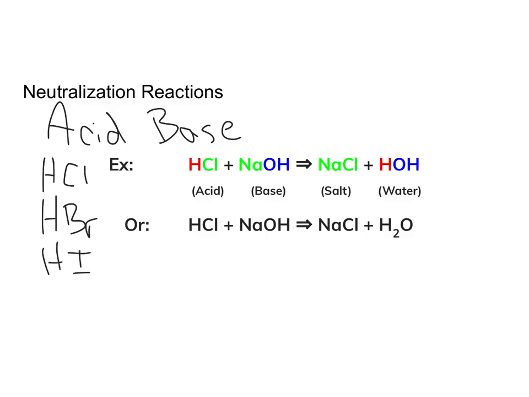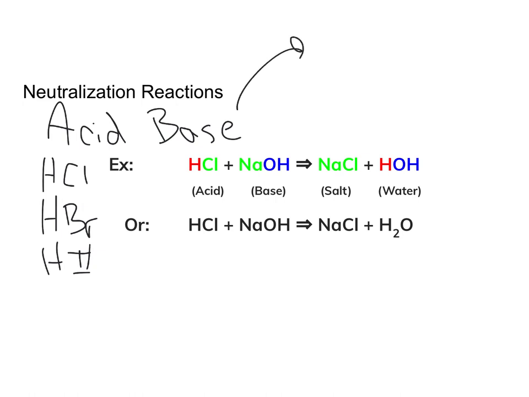Those are the ones we're going to be looking at in this class and in this unit. These are ones you can write down, take notes on, and memorize if you want to. You can remember that there's an H out in front of it, and then you've also got some sort of halogen paired up and bonded to that, and that would be a strong acid.